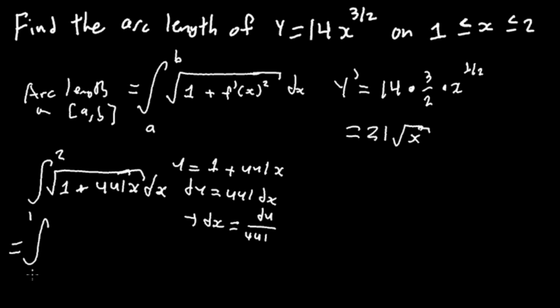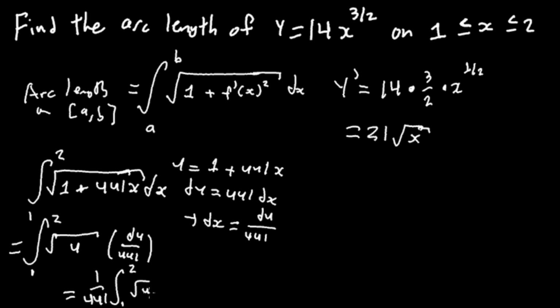So this becomes the integral from 1 to 2 of the square root of 1 plus 441x, that's u, times du over 441. So now I can pull out that 1 over 441. This is still from 1 to 2 of square root u du. Now we need to change our bounds.